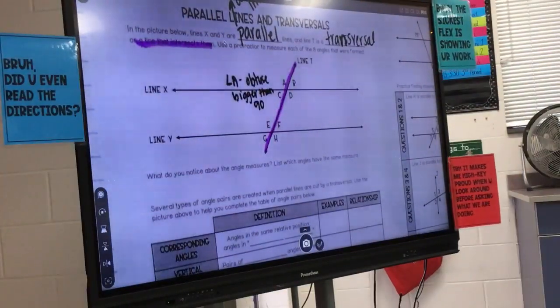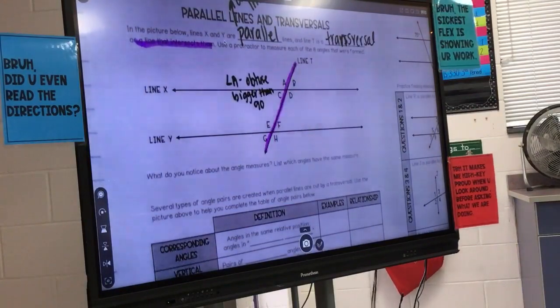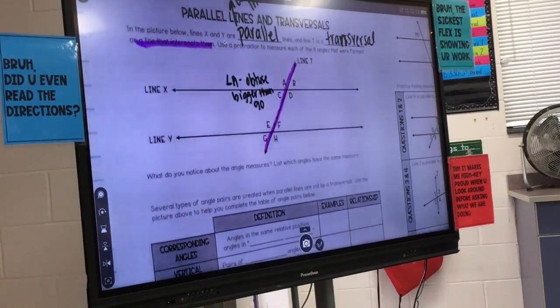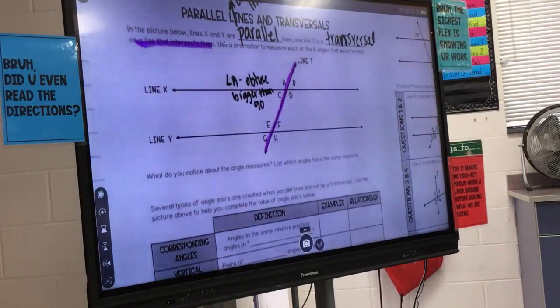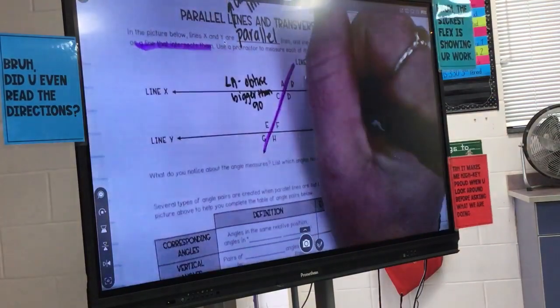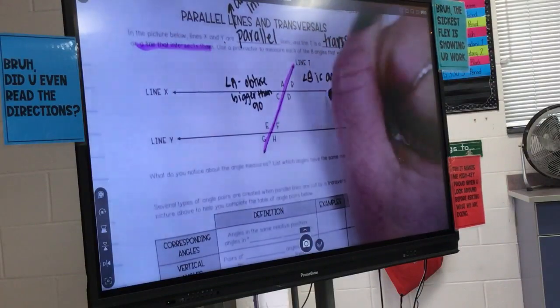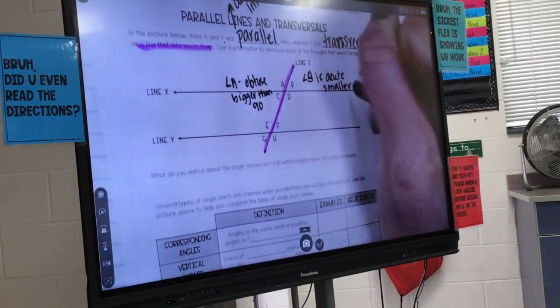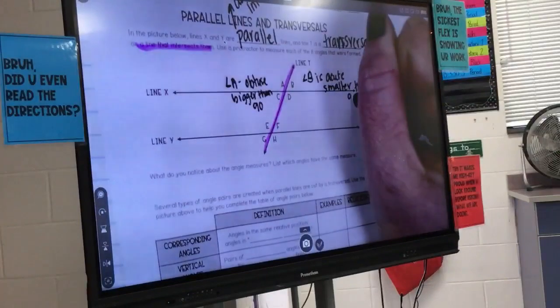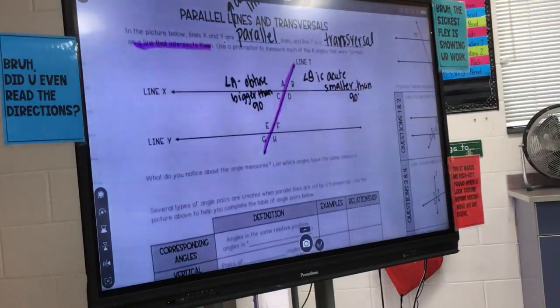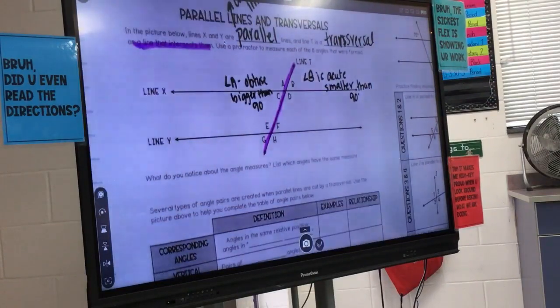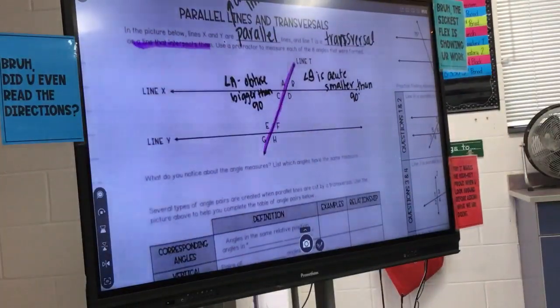So if angle A is an obtuse angle, what angle could be an acute angle? Kira? Okay. So angle B is acute, which means it's smaller.